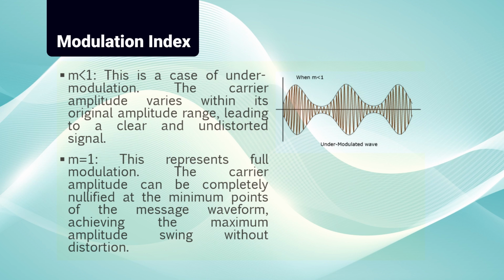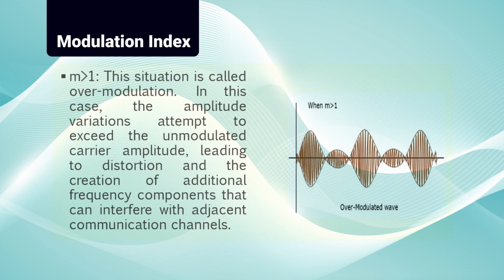When the modulation index is equal to 1, this represents full modulation or 100% modulation, and the carrier amplitude can be completely nullified at the minimum point of the message waveform, achieving the maximum amplitude swing without distortion. And next is modulation index greater than 1.